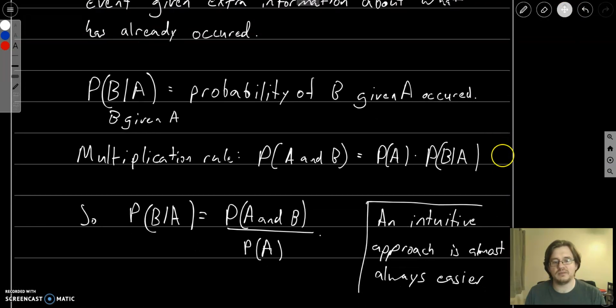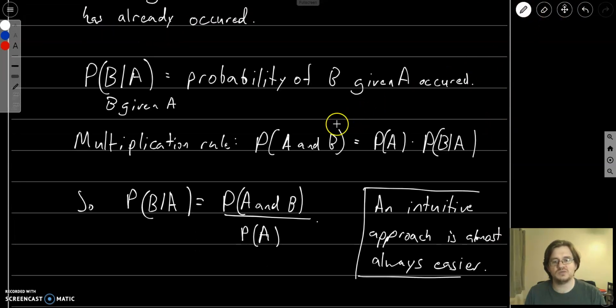Now we saw with the multiplication rule that when we want to find the probability that two events happen, so A and B, we know that we're going to be multiplying. So the probability that A and B occur is going to be the probability that A occurs times the probability that B occurs.